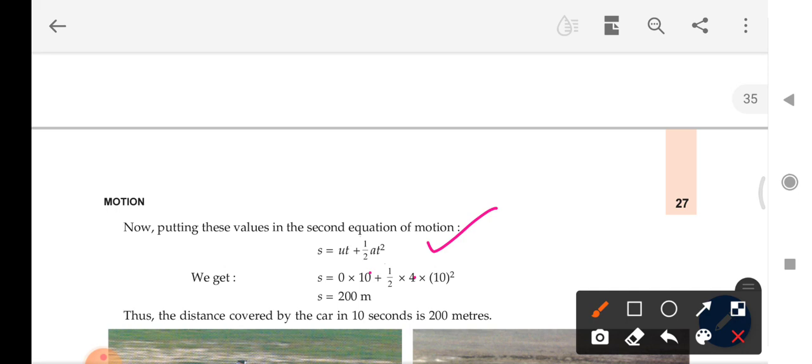So 0 into 10, 0. Here 1 2s are 2, 2 2s are 4. 10 into 10, 100. So 2 into 100, 200 meter. So s equal to 200 meter. The distance covered by the car in 10 seconds is 200 meter.